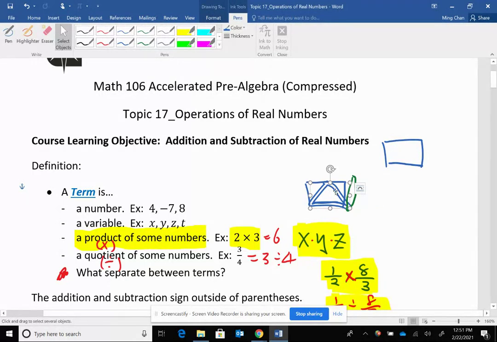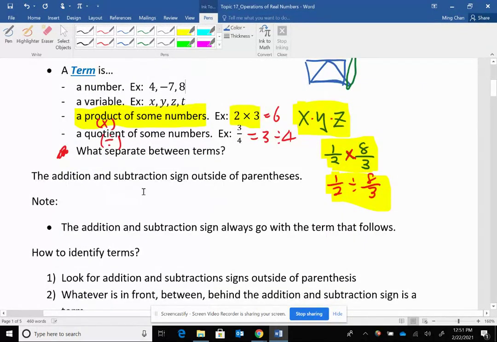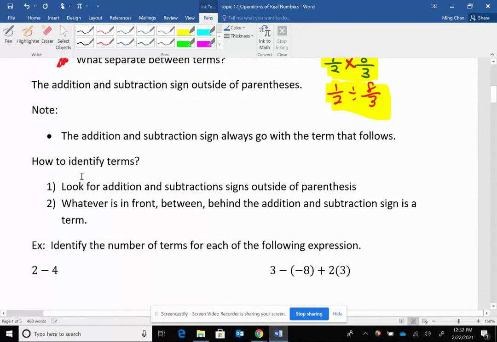The space between them is how I know this is two separate terms. But the moment I put them inside, these two things merge, so it becomes one object. So in order to identify how many terms you have, we look for addition and subtraction signs outside the parentheses first to see how many terms I have.